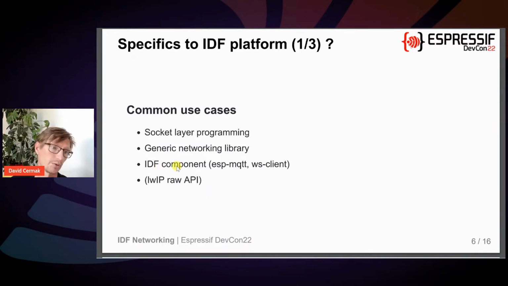Or we could use an IDF component directly. This is probably the most common use case that our customers do: ESP MQTT, WebSocket client, and others. It is also possible to use the LWIP raw API, which is not recommended and not very scalable, but it is still possible.